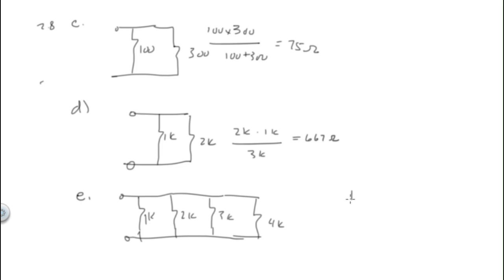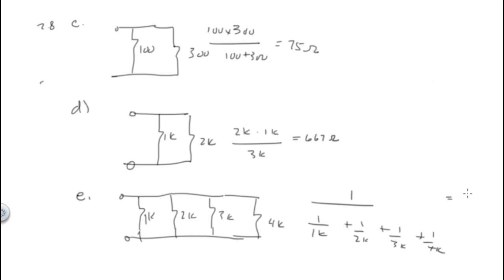Reciprocal rule. 1 over 1K plus 1 over 2K plus 1 over 3K plus 1 over 4K. Now, is the number going to be greater or less than 1K? It's going to be less than 1K, but not a lot. So 1 divided by 1,000 plus 1 divided by 2,000 plus 1 divided by 3,000 plus 1 divided by 4,000, then the reciprocal, 480, which is about right.